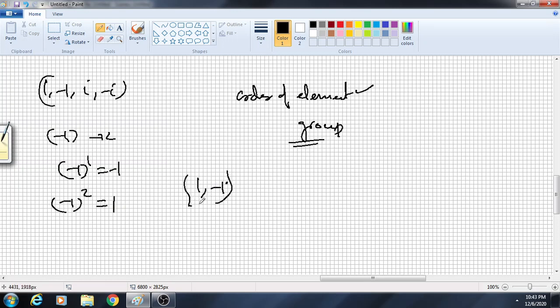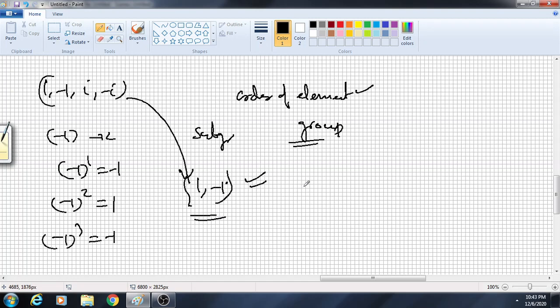If I take minus 1 cube, I will again get minus 1. So this set is the elements generated by taking the powers of minus 1. You can prove that this is a subgroup, because the identity is there and it is closed. If you take powers, it will be closed, it will be associative, and the inverse of minus 1 is minus 1 itself.